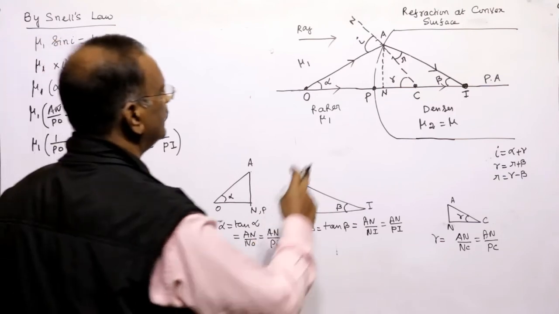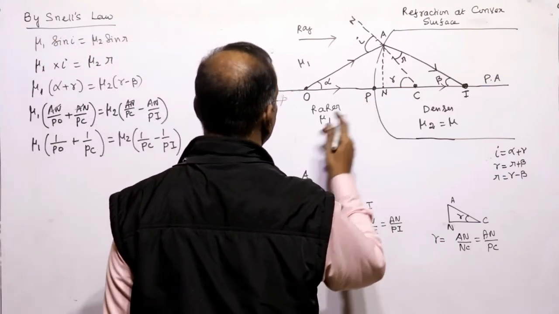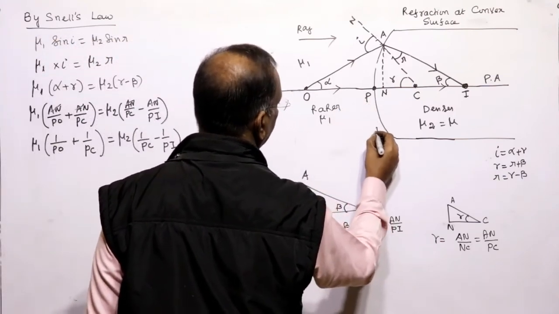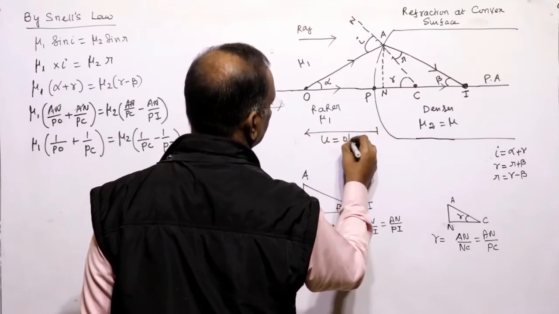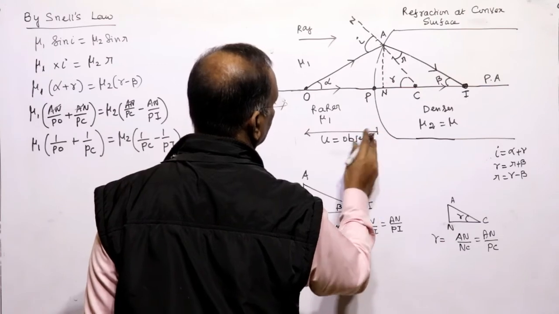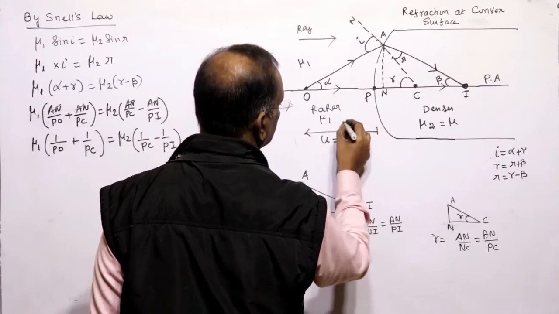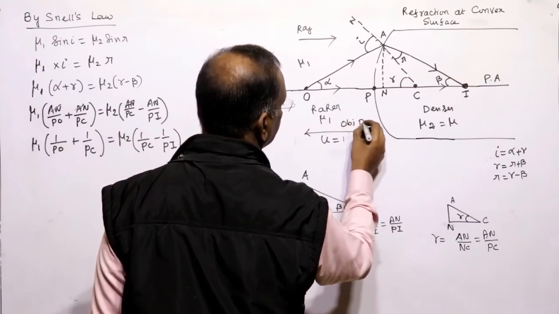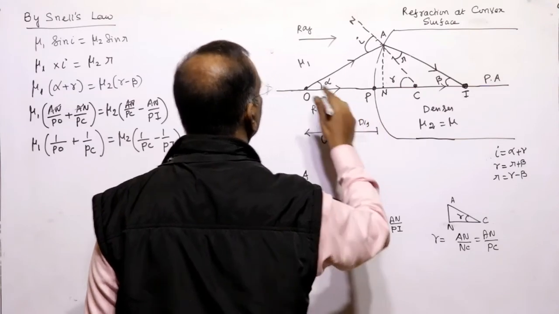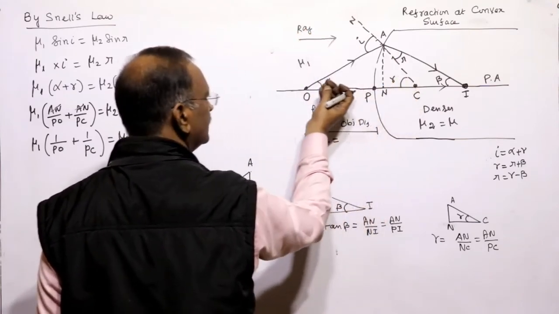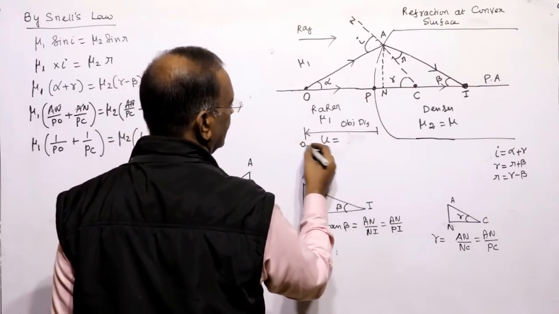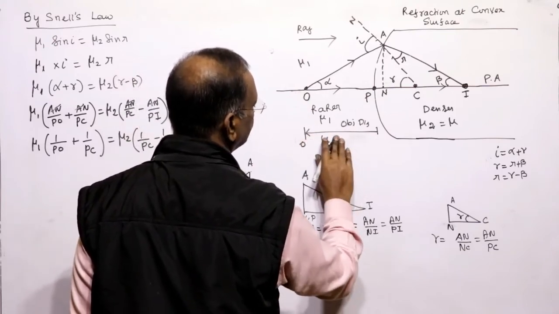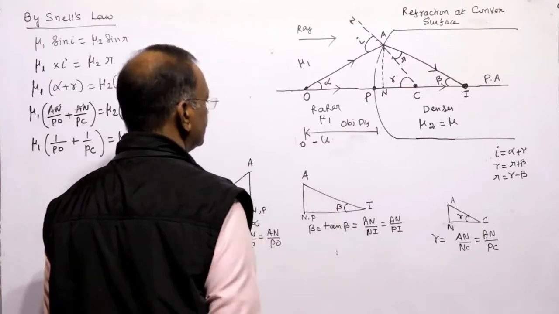PO is the object distance from P to O. We are coming against the ray direction. Therefore U is minus object distance PO.